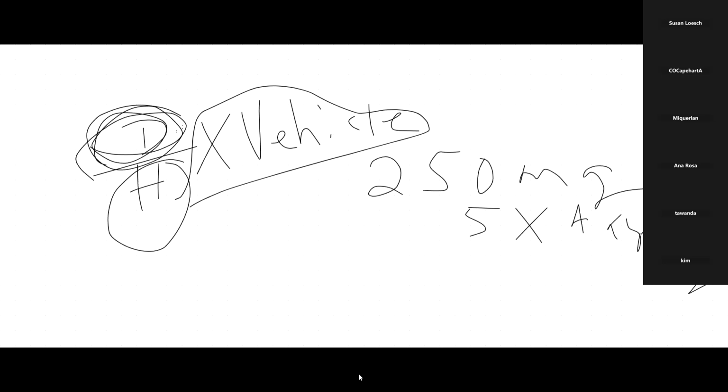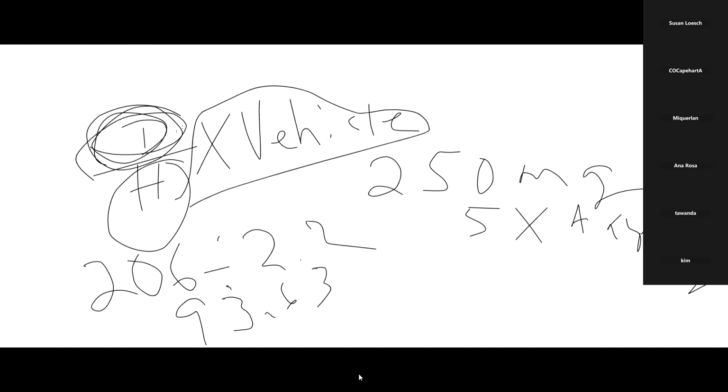So 206 divided by 2.2 is 93.63636363. I leave that whole thing in the calculator, and that's what I'm going to multiply by my 4 micrograms per kilogram.